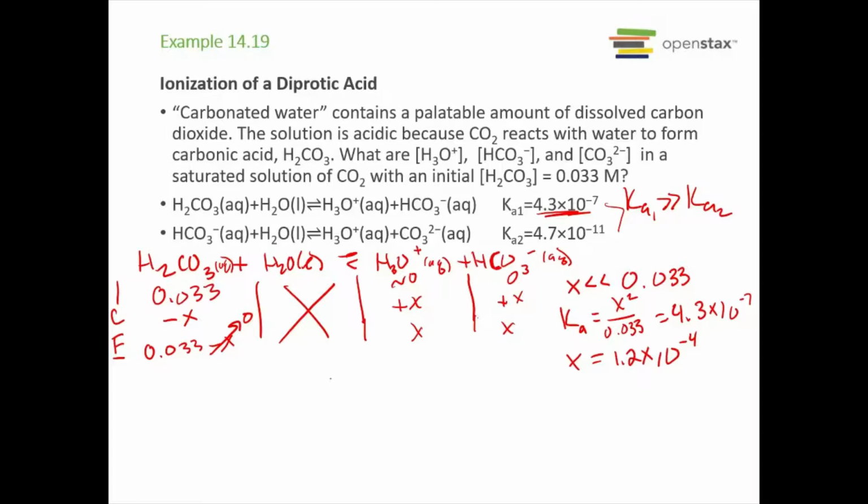So very similar to what we just did, the second ionization is going to be almost the same type of calculation. But let's go ahead and look at the ice table anyway. HCO3 minus plus H2O liquid gives us H3O plus and CO3 2 minus.